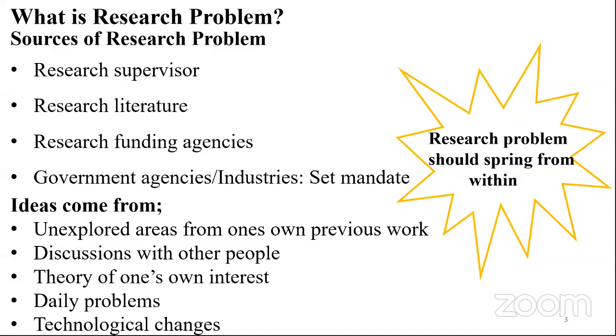Often we end up reviewing papers for somebody else, and if there is a nice point in the paper, one can pick it up and, by no non-ethical means, frame a research problem. So the literature survey tells you that there is an unexplored area, and then one can formulate a hypothesis and form a research problem to go in that direction.